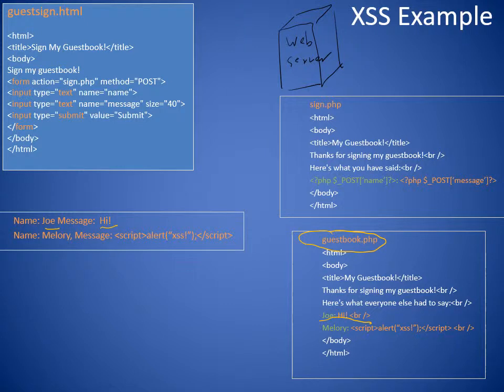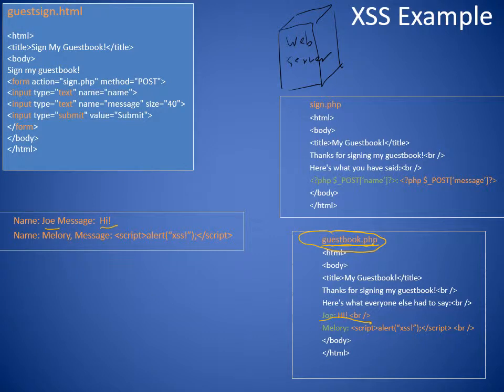And this web page is going to be visited by all the users. Suppose another user comes in and sends a request to guestbook.php, and then this web page will be returned, and he can see all the guest messages.